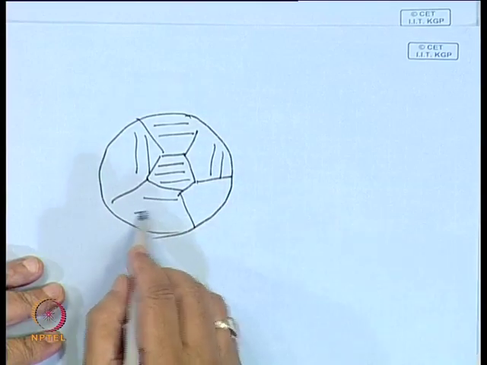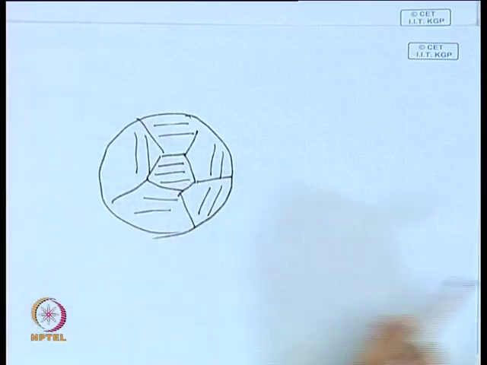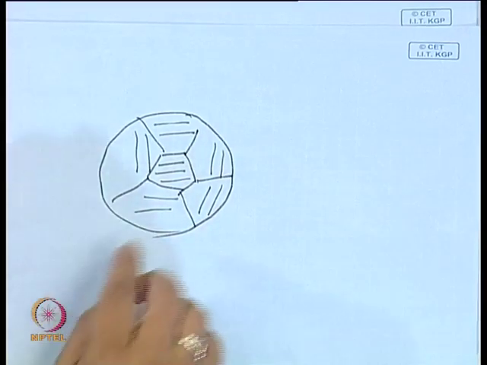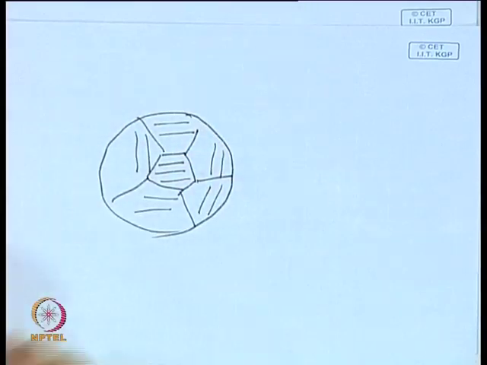If different planes are differently oriented, the orientation of these slip traces will be different. But if you polish it, they will disappear. You will not see any such lines.